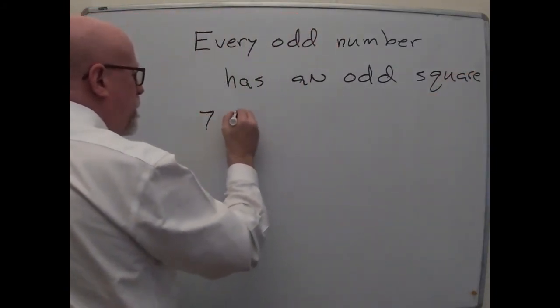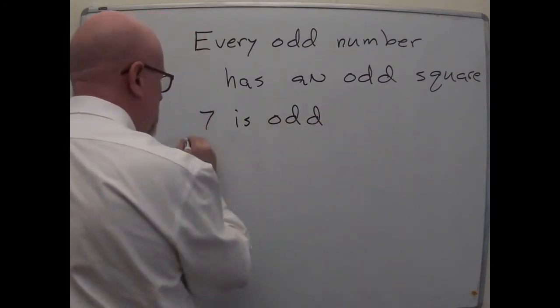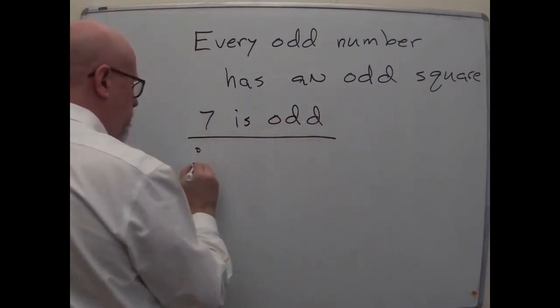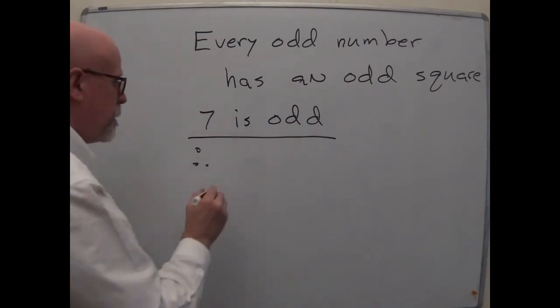Seven is odd. Therefore, well, maybe I'll stop for a second and ask, what do you think you would conclude? 7 squared should be odd.